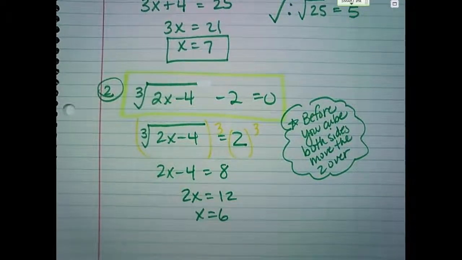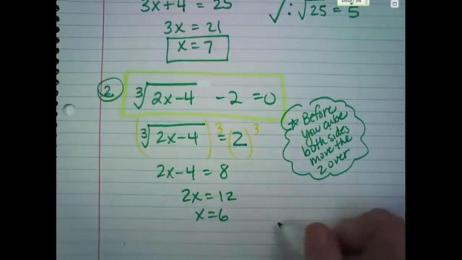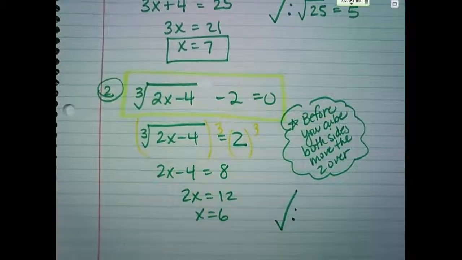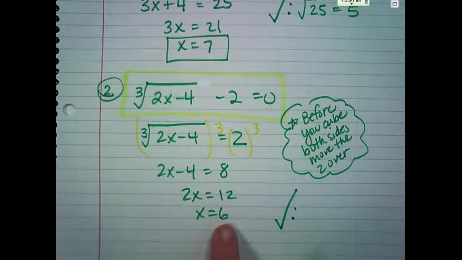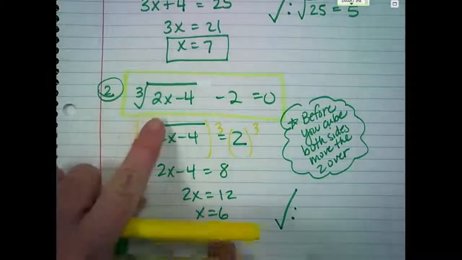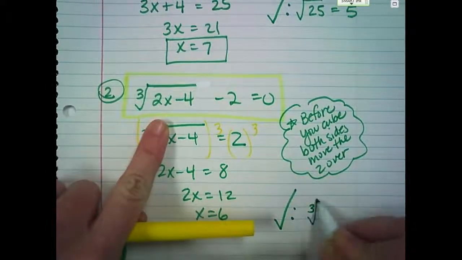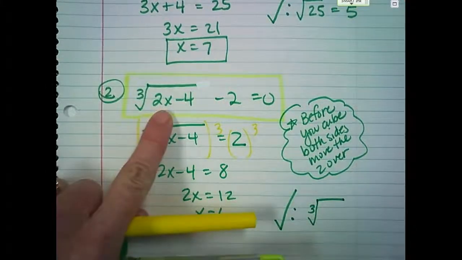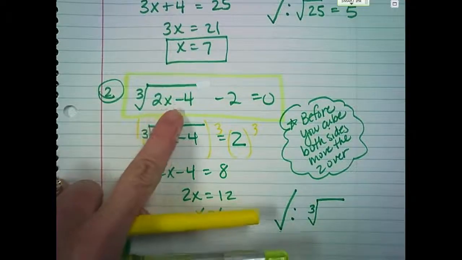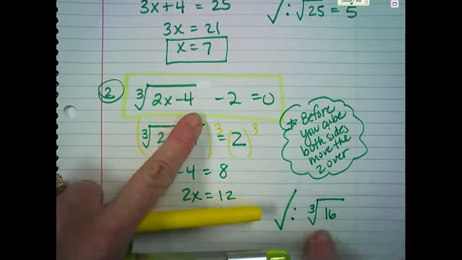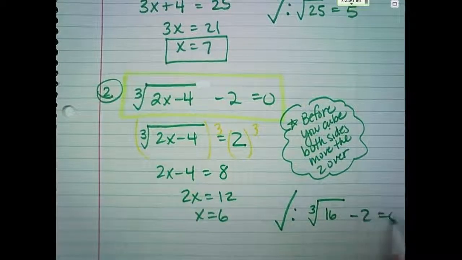But before I can say, yep, the answer's 6, I'm good to go, what do you need to do first? Check it. Okay, so let's check. My answer was 6. I'm going to take that 6 and come up here and say, the cube root of 2 times 6 is 12. 12 minus 4 is 8.